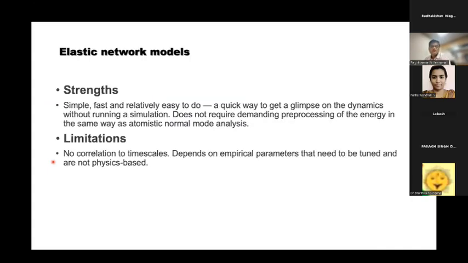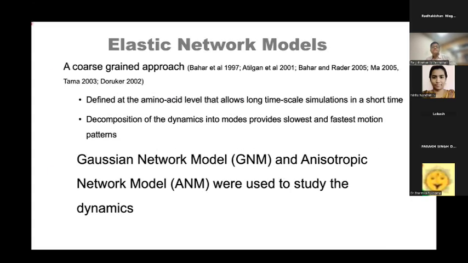So elastic network models, I'll just show you. It's a coarse grained approach where we look at the amino acid level. We don't look at the atom level. Just like normal mode, we decompose the dynamics into slowest and fastest motions. Two such ENMs exist. One is the Gaussian network model, which gives the magnitude, and the other is the anisotropic network model, which gives us the direction.